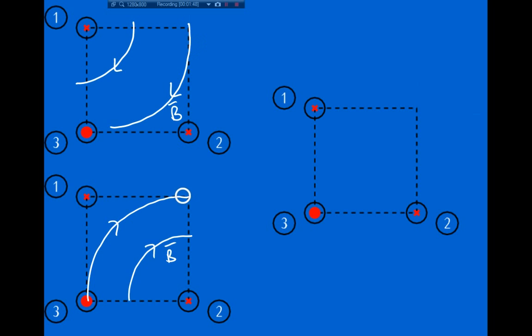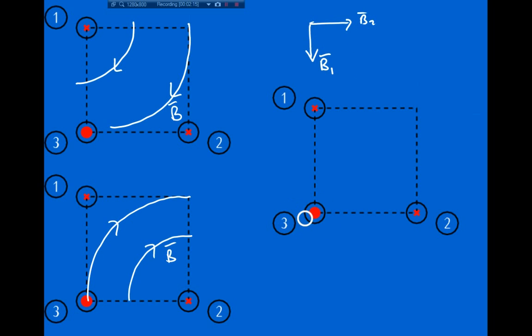Here we have magnetic lines that are pointing towards the right. So if I add the magnetic fields created by wire 1 with the magnetic field created by wire 2, I'm going to have magnetic field lines that are pointing down and towards the right, because I have magnetic field lines that are pointing down caused by wire 1, so this is B1. I have magnetic fields that are pointing towards the right caused by wire 2, and so the sum of these things points down and towards the right.